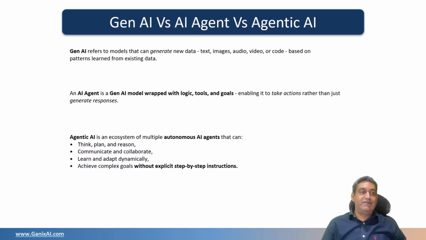It thinks, plans, acts, learns, and improves itself. It's like a self-directing digital brain which learns on its own, without any human intervention. But we will still learn how you can add a human in the loop. We'll explain this in the next sessions when we talk about agentic AI in detail.